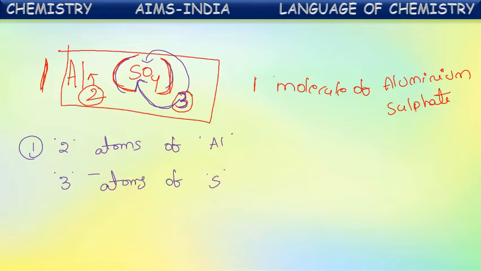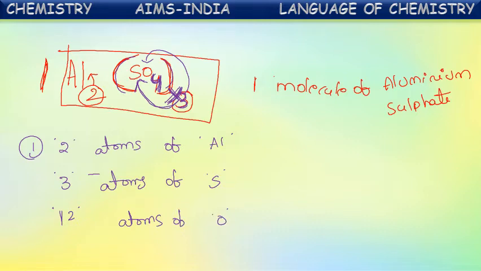Coming to oxygen, these 3 belong to oxygen, but already 4 is there. That 4 also belongs to oxygen. So we have to multiply these two. 4 threes are 12. So how many oxygens are there? 12 atoms of oxygen.